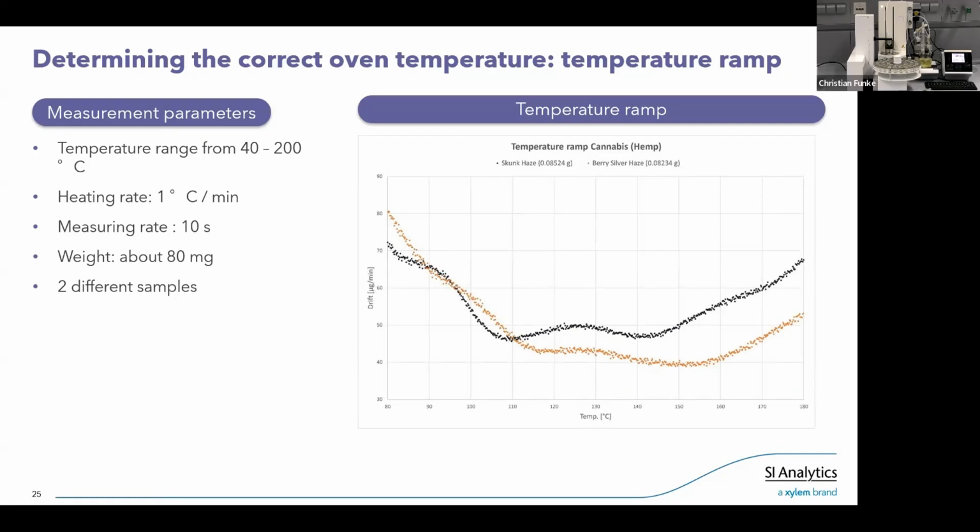So in between, the drift increases again, and then we get the second minimum, and then it increases continuously. So the question here was what happens between 110 and 150? Is there water released, which was bound more strongly by the cannabis, or is this already a decomposition process? So that was the interesting question here.